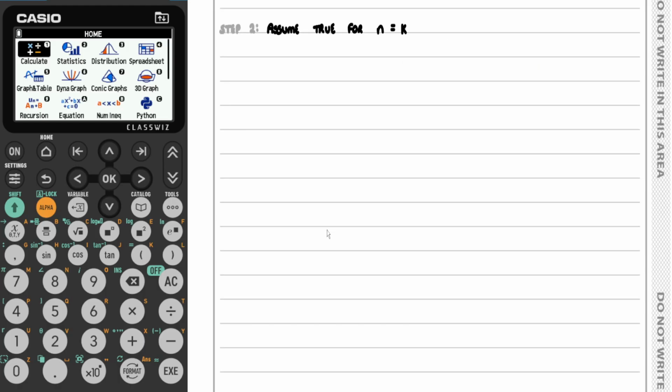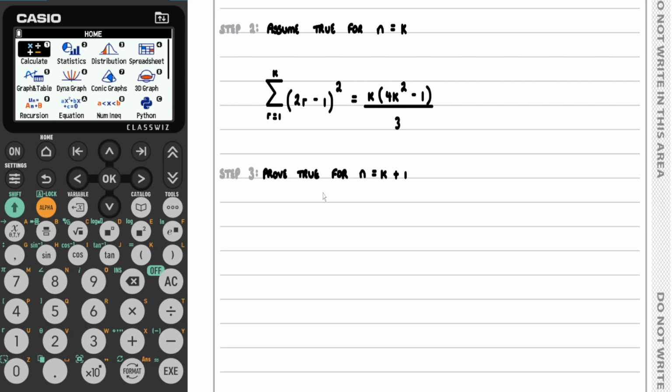That's to say, the sum from r equals 1 to r equals k of (2r subtract 1) squared is equal to k times (4k squared subtract 1) over 3. Our third step, which is the induction step, we need to prove that the result is true for n equals k plus 1. So I've got the sum from r equals 1 to r equals k plus 1 of (2r subtract 1) squared. So what this is equal to is the sum of the first k terms, as we see here, plus the (k plus 1)th term.